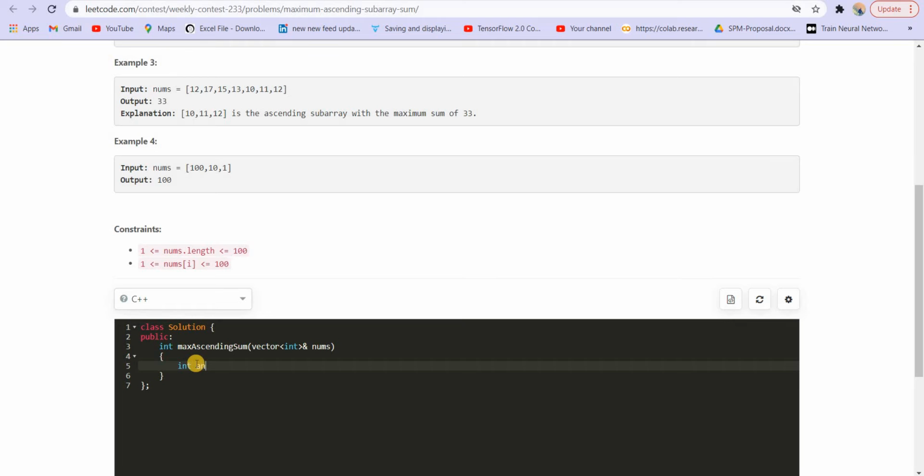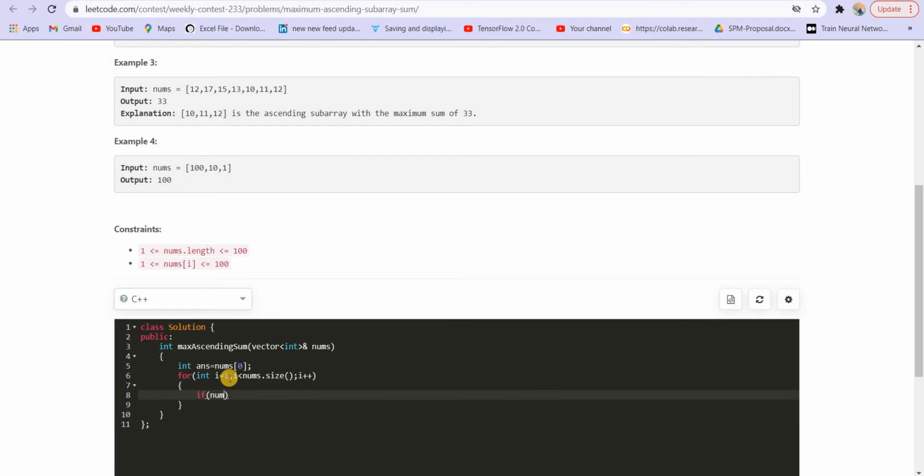So let us keep the answer initially as 0. Now going for int i equal to 0, let us make the answer as nums of 0, starting from the first number. Then from i equal to 1, i smaller than nums.size, i plus plus.